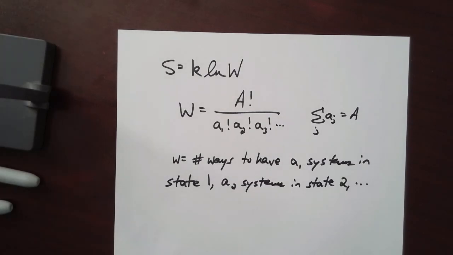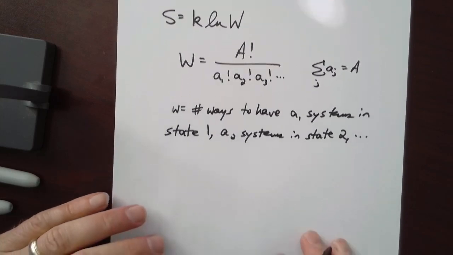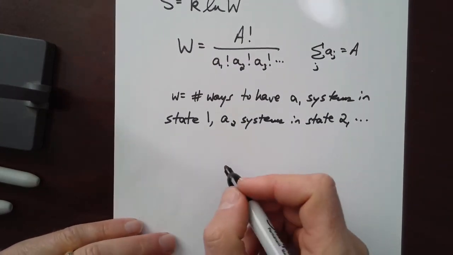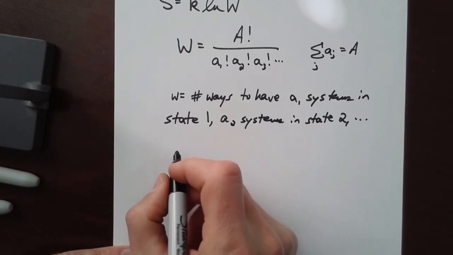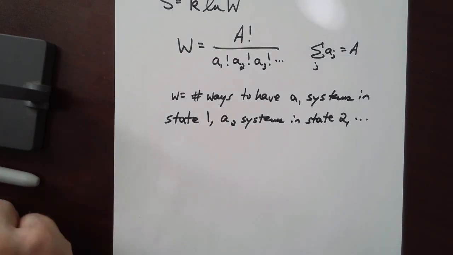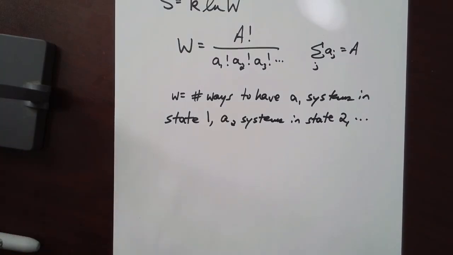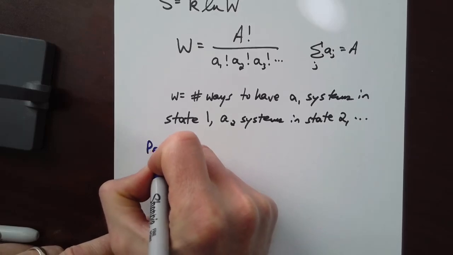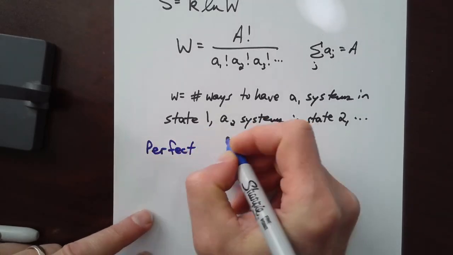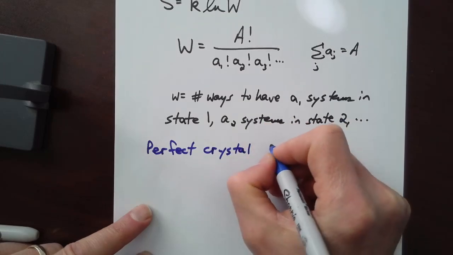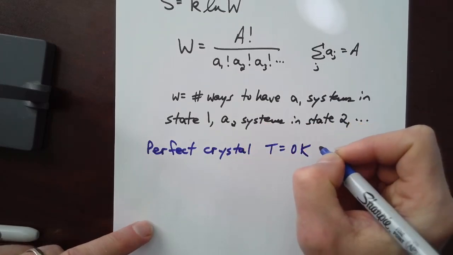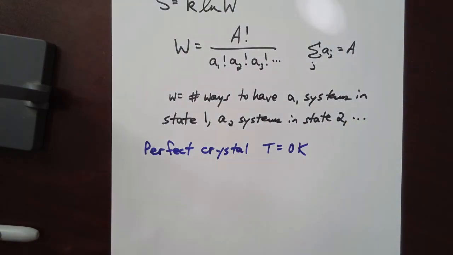Okay. So I think an example would help. Let's say that we've got a perfect crystalline substance at 0 Kelvin. So perfect crystalline substance, T equals 0 Kelvin.